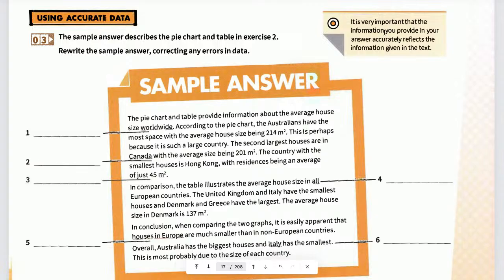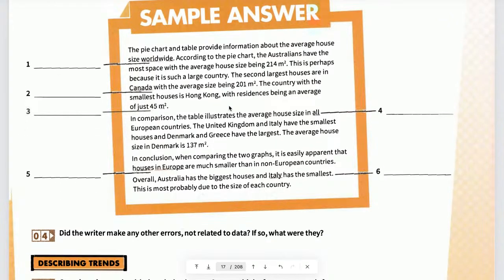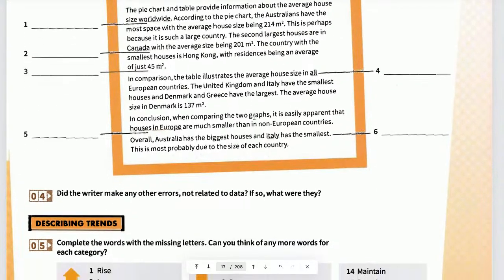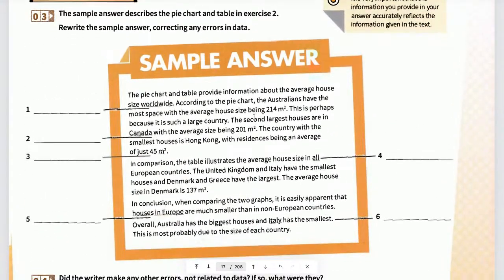You can look at the tip. It is very important that the information you provide in your answer accurately reflects the information given in the text. Okay, the information you describe must be accurate. Alright, now do it. Fix that.